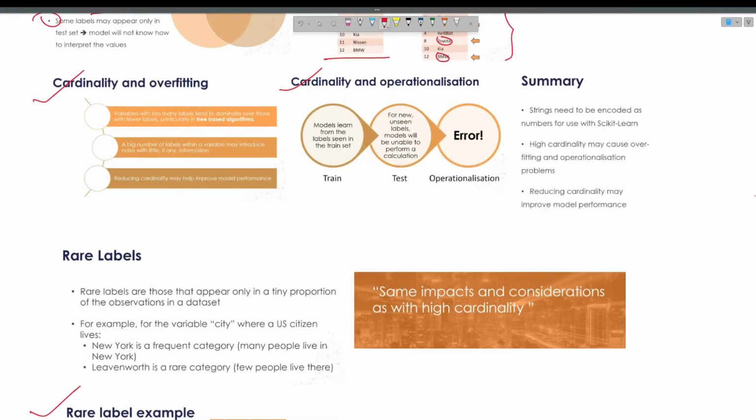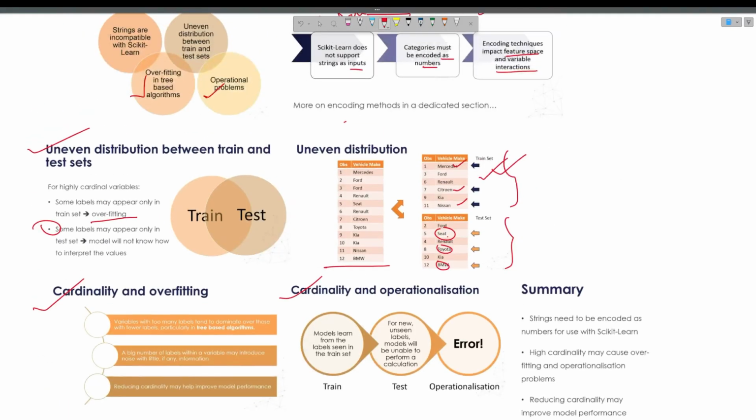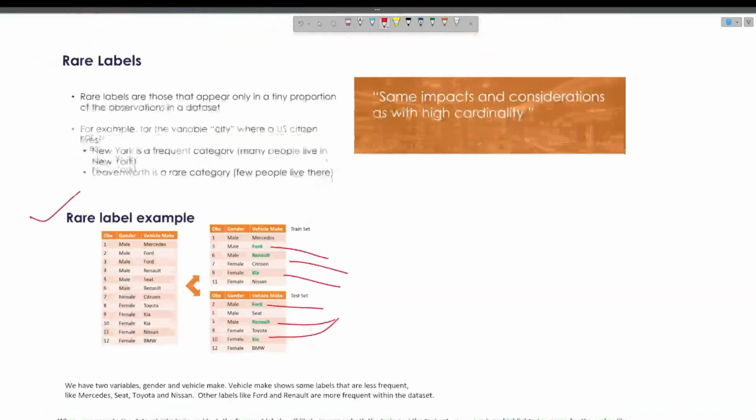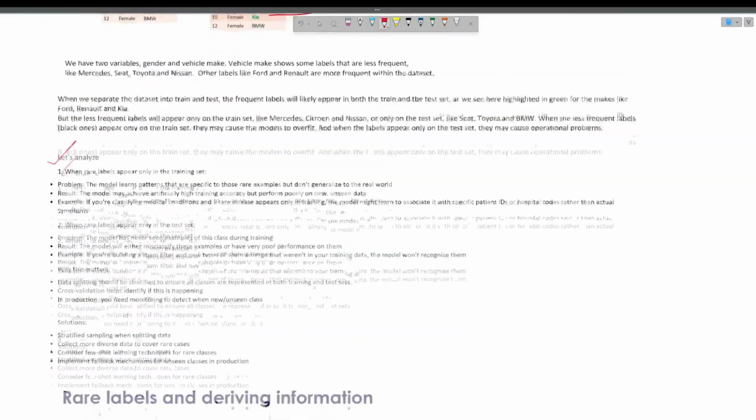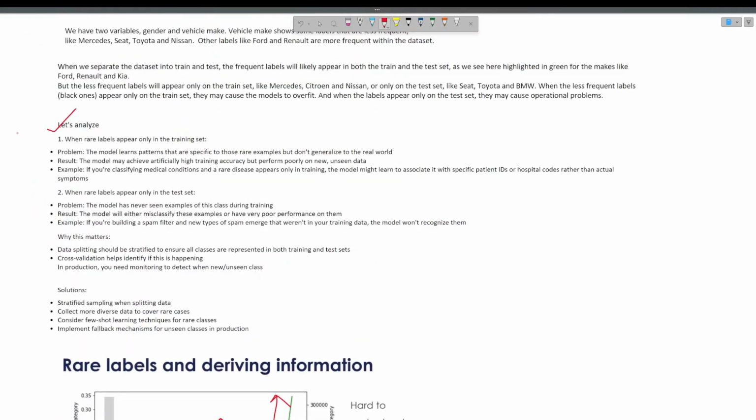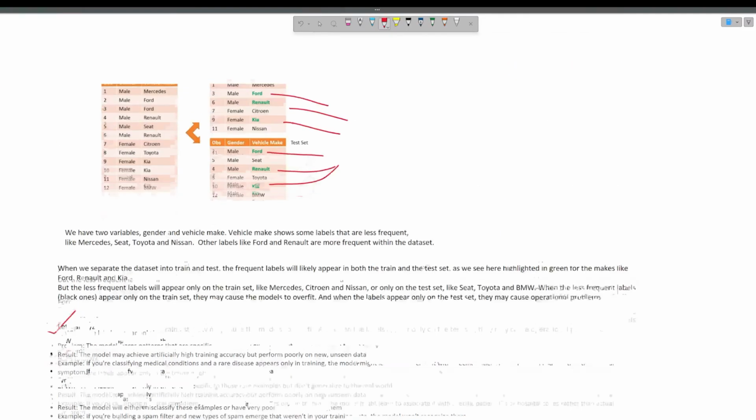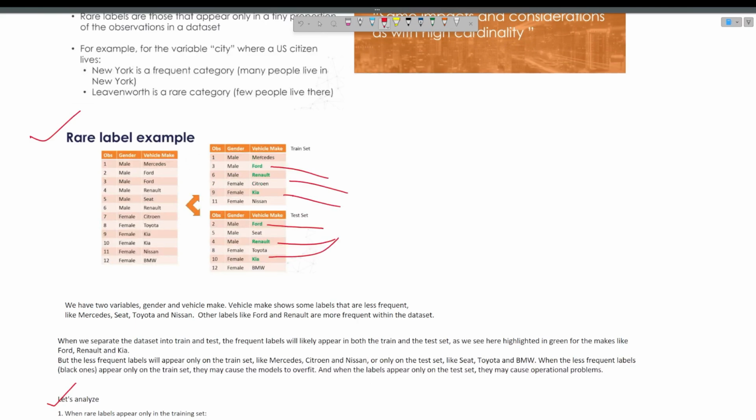If we have this kind of scenario, where some labels appear here and some labels do not appear, the rare label actually applies. When a rare label appears only in the training set, so assume that in the training set you can see Mercedes, Citroen, Nissan, these are rare labels. Let me just write R here. Okay, just assume that they don't exist.